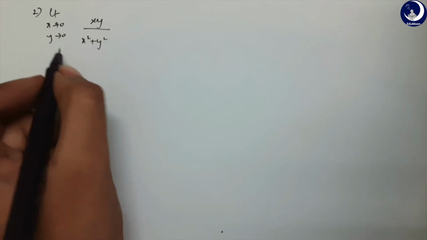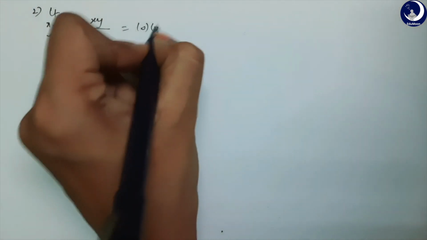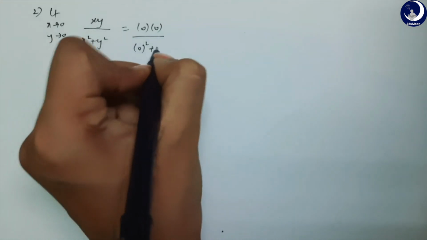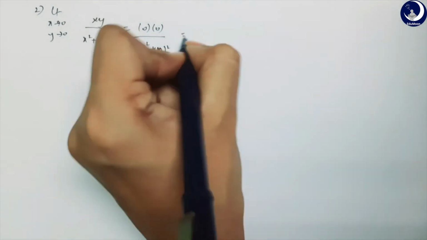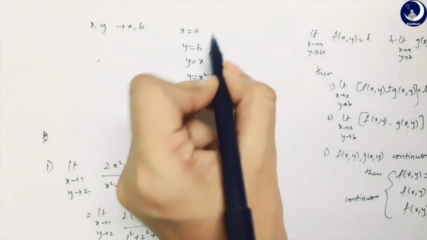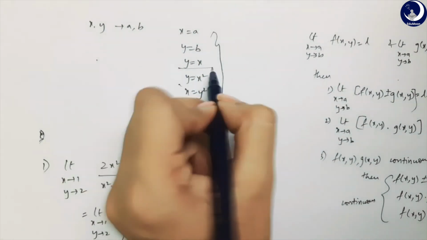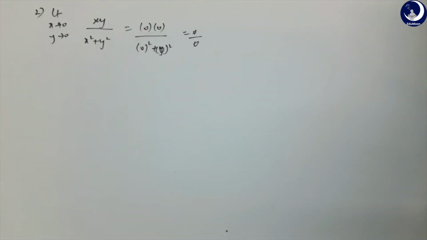Now let's take another sum from the exercise. So this is that. Now if we do direct substitution, we'd get 0 by 0. So direct substitution doesn't work over here. Like I said before, for finding the limits, we can take different paths like these, right? So let's take the third one, y equals x.